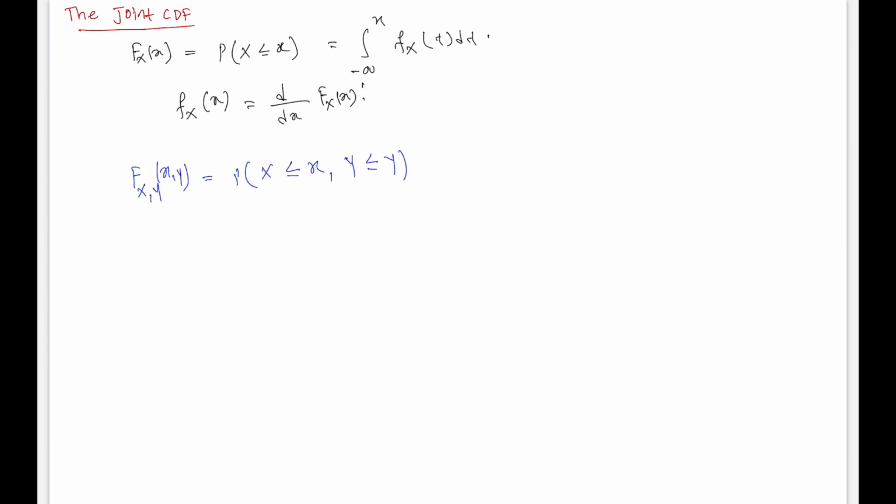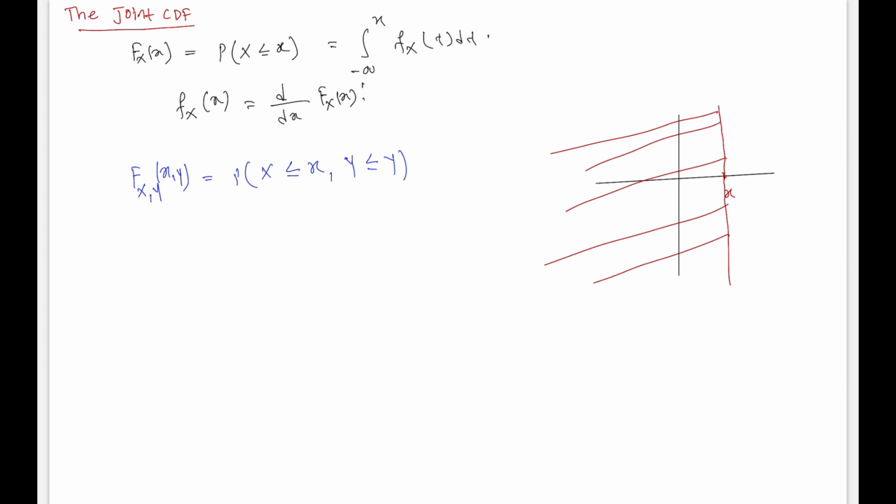And if we are interested in finding this probability, how can we do that? Since we have two random variables, probabilities will be distributed over this plane, right? We are interested in finding the region where random variable X takes a value less than or equal to little x, so this region, and random variable Y takes a value less than or equal to little y.